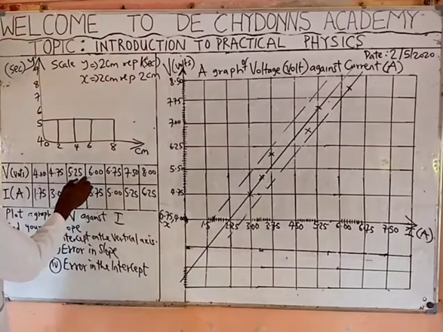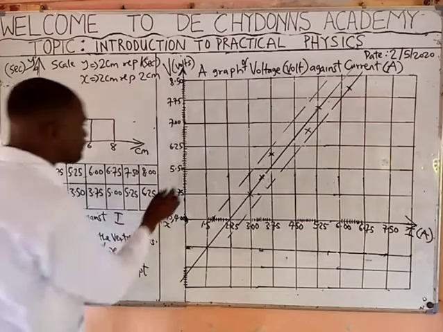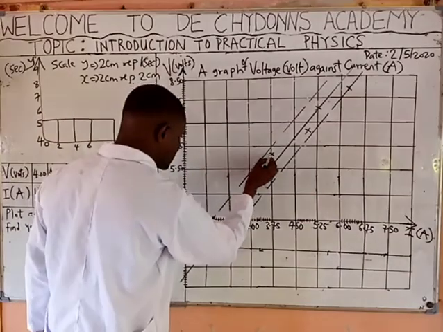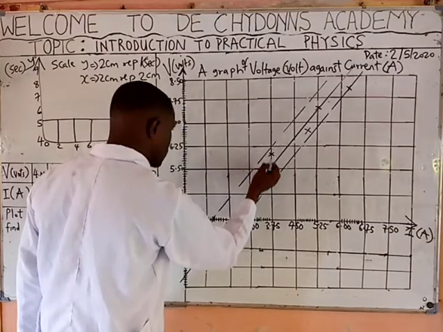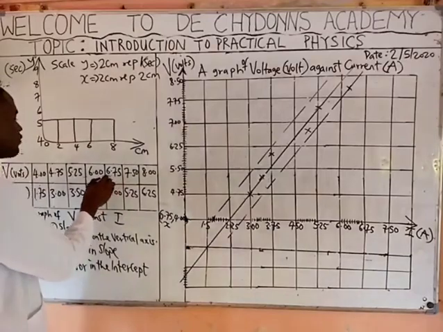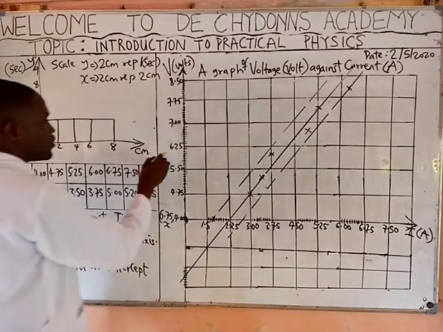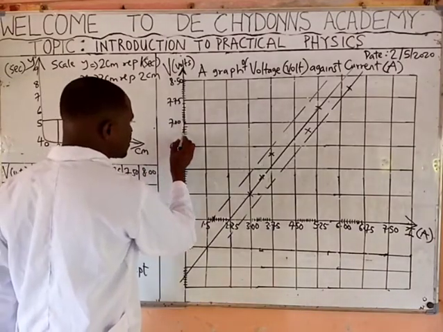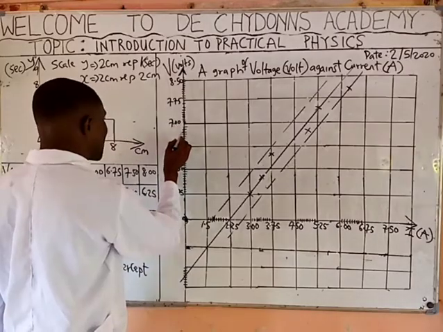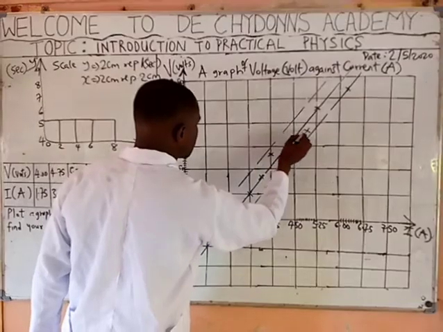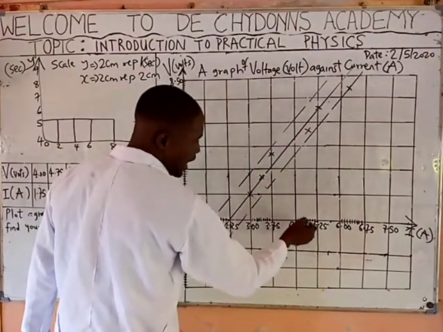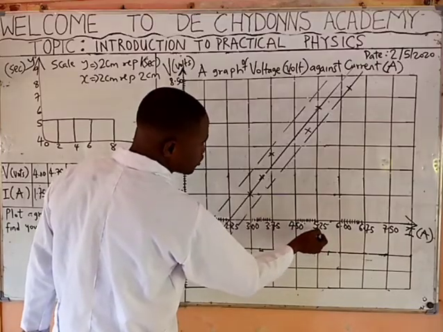Then 6 against 3.75. 6 should be around here. Against 3.75. So this is where they meet. 6.75 against 5. 6.75 should be around here, because this is 7 and this is 6.25. So 6.75 should be around here. I move. Then 5. 5 should be around here because this is 4.5 and this is 5.25.